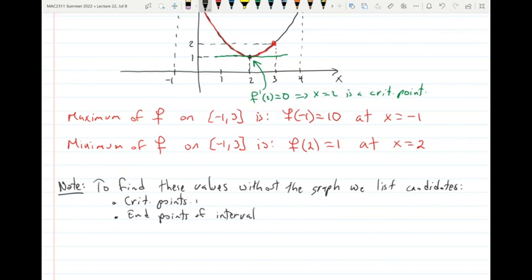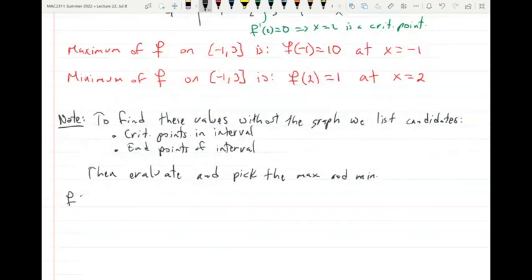If you have a critical point that is outside the interval, we don't care about it. Then endpoints of the interval, and then evaluate and pick the max and min. Okay? So let's do it.